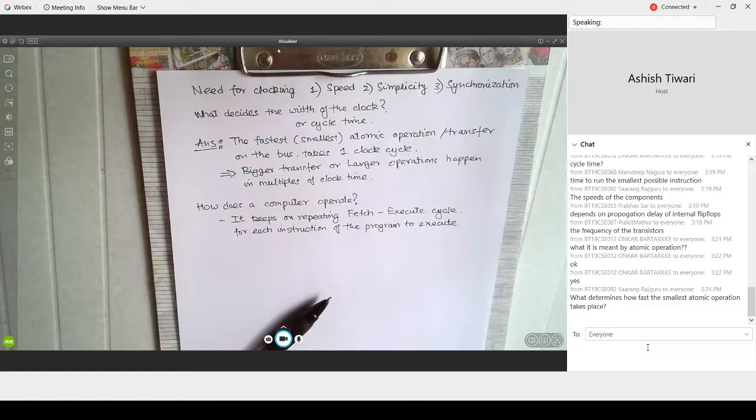Okay, so the smallest one, the one that happens fast enough. The question now, then to get stabilized.